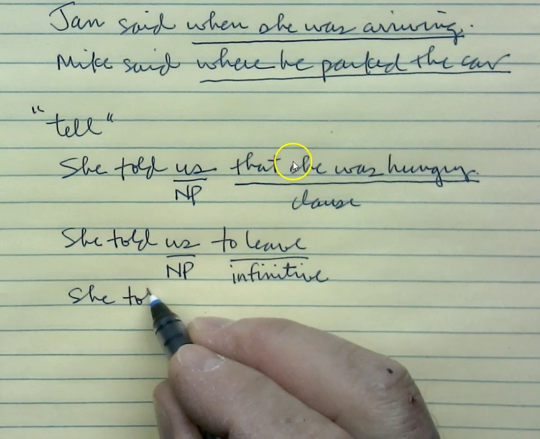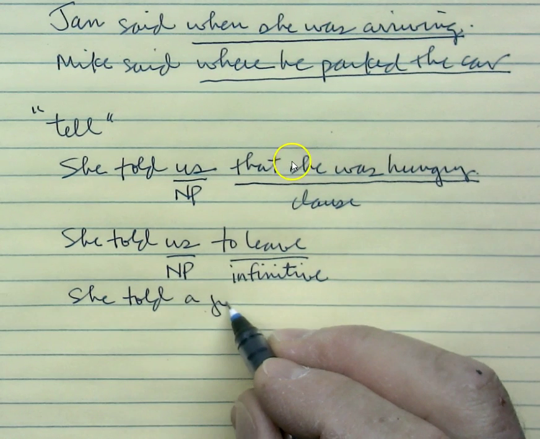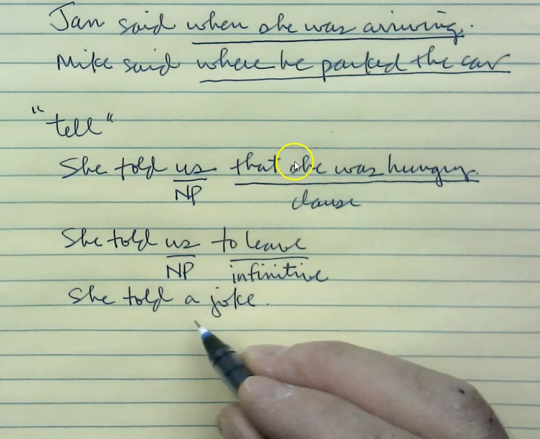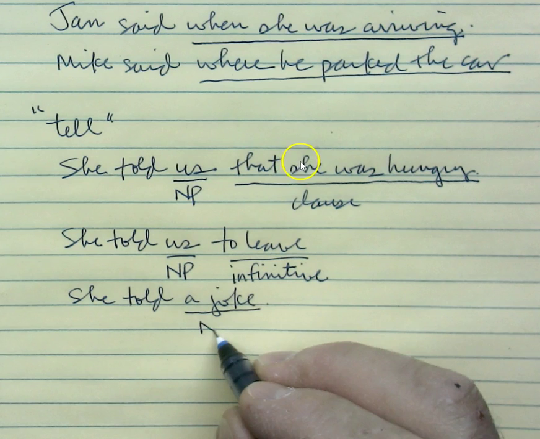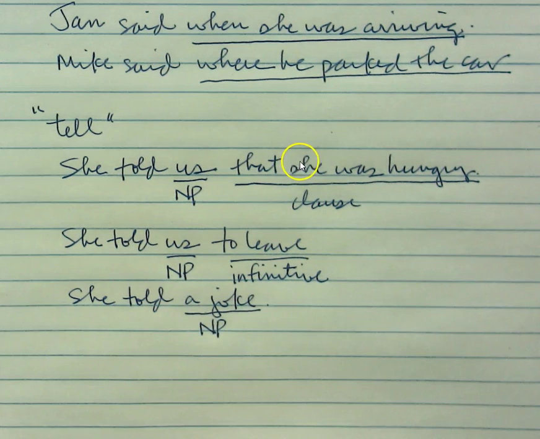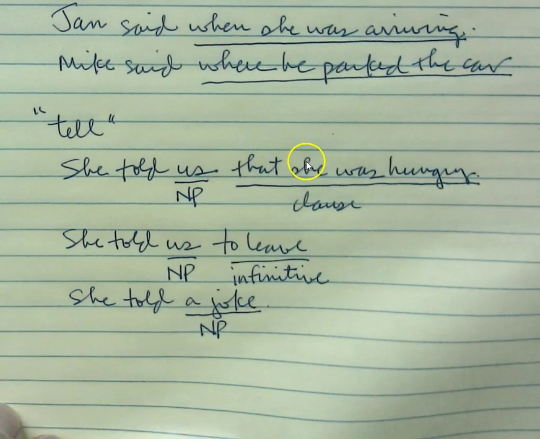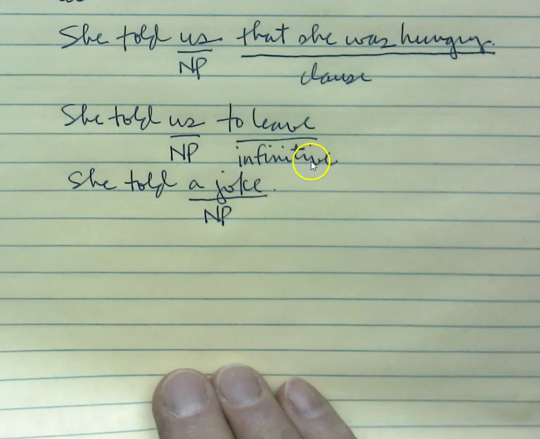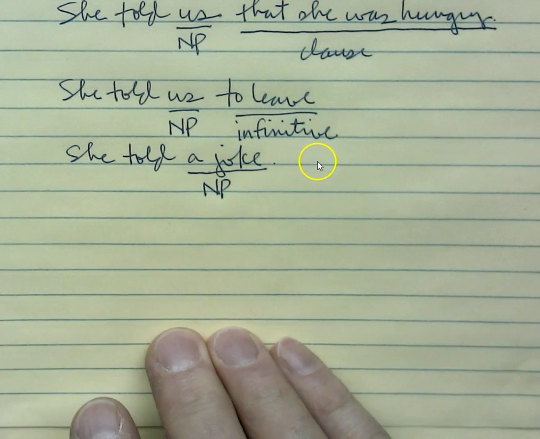She told a joke. Now we have a noun phrase. So we can see that different reporting verbs use different kinds of structures to follow them, to report what was said.